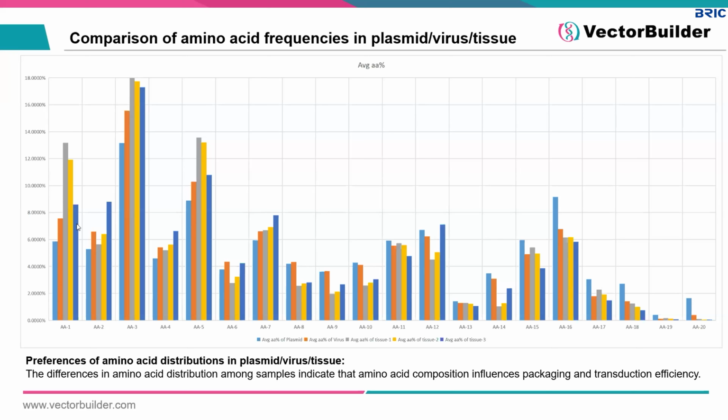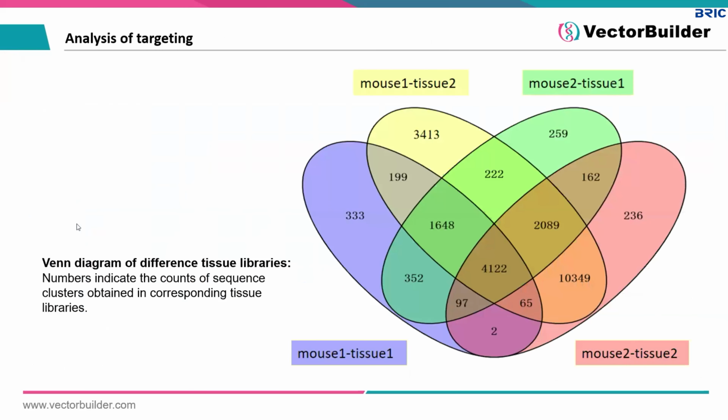But if some amino acids enrich in the tissue library, they might help transduction enhancement very much. So we will have a better understanding of the amino acid frequencies in different libraries, which helps us narrow down a second or third list for candidate selection.